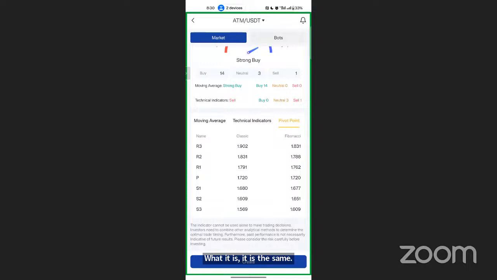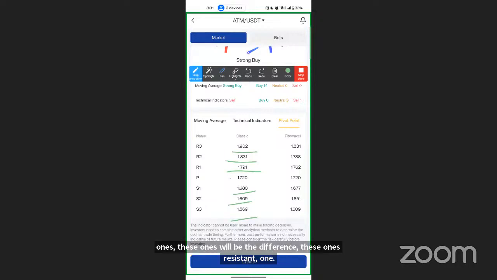I want you to focus on the pivot point, because the pivot point is very, very important. The rest that will change will be these ones, resistance 1, these ones. That's where the difference will be.